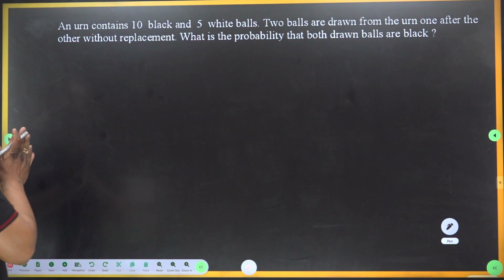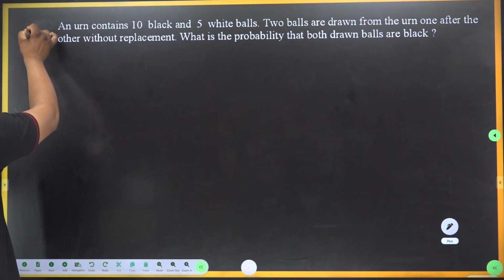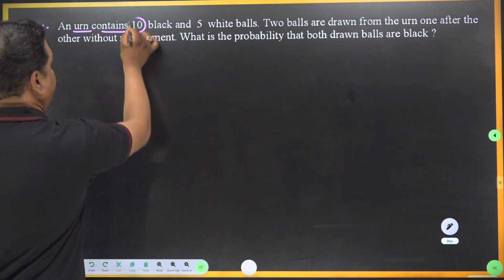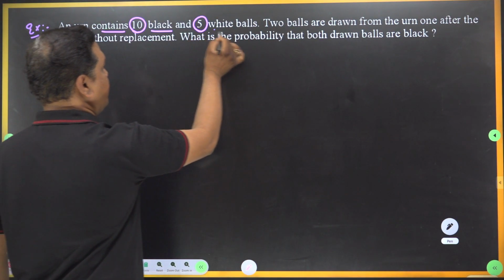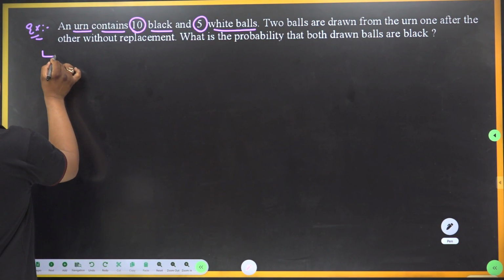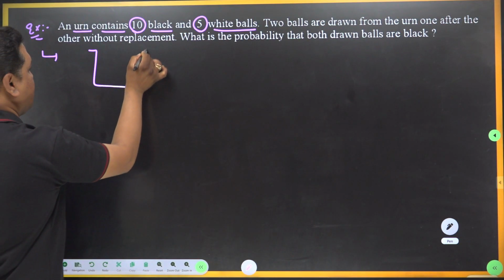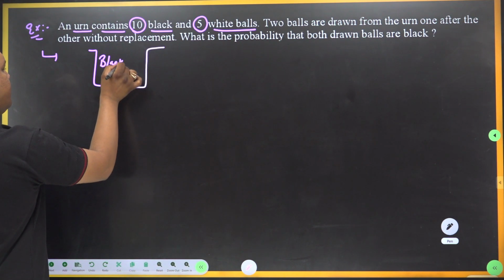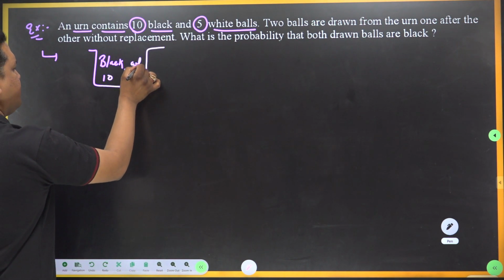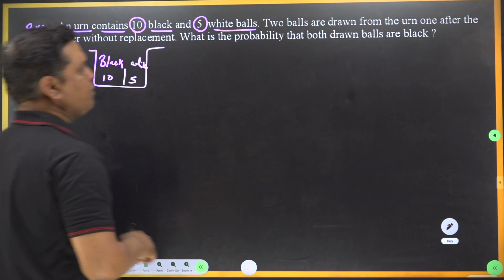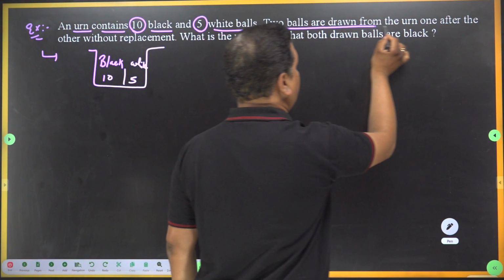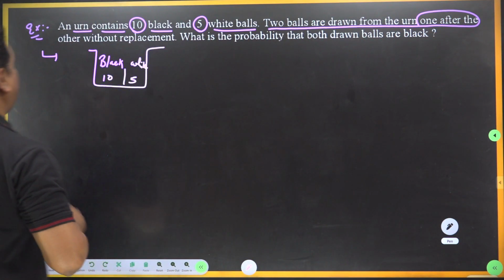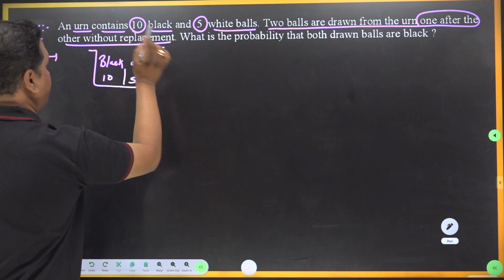Next, an urn contained 10 black and 5 white balls. So that means an urn contained 10 black, 5 white. 2 balls are drawn from the urn, one after the other, without replacement.